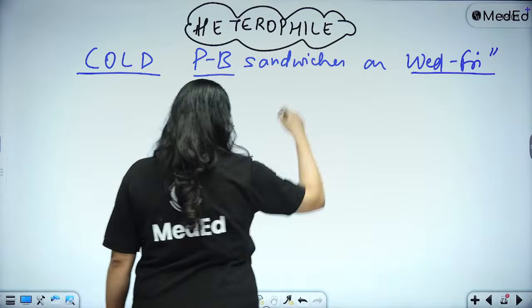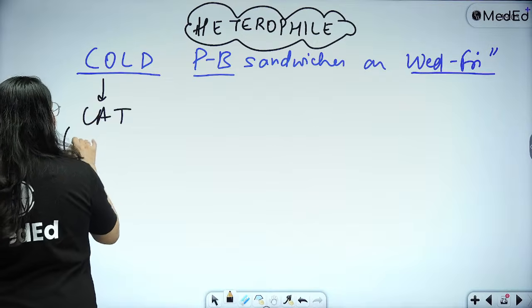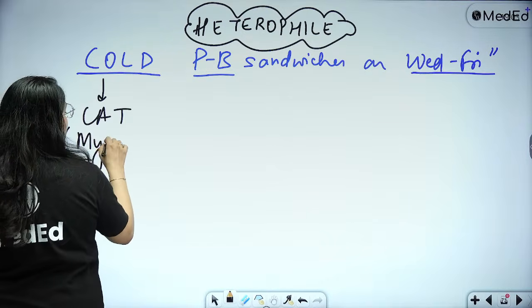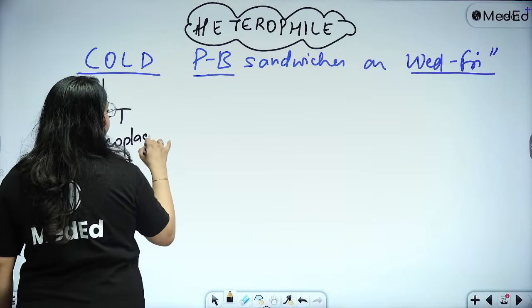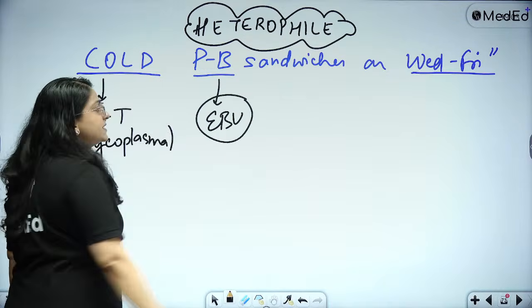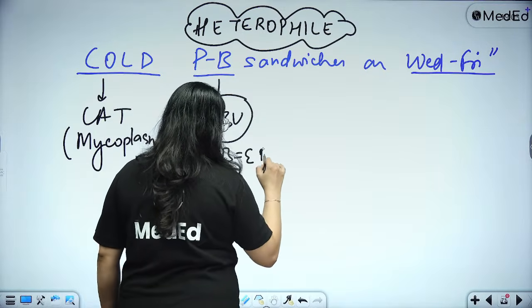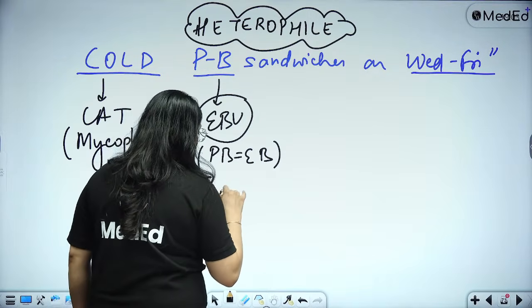How do we remember? Cold means cold agglutination test. Cat sat on a mat with my brotherly. So my is Mycoplasma. PB is for EB. So Paul-Bunnell is for Epstein-Barr virus. PB is for EB. Paul-Bunnell.